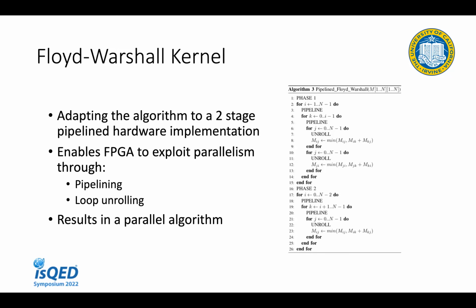In order to exploit parallelism and bypass the data access conflicts of the sequential algorithm, we've split it into stages. And in each stage, we exploit pipelining and loop unrolling as much as possible.